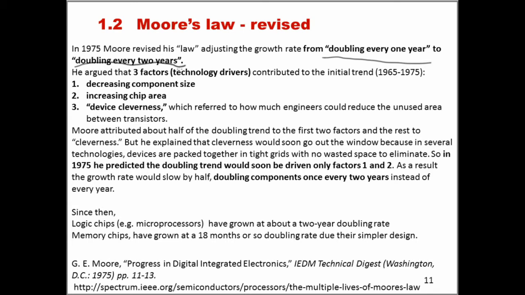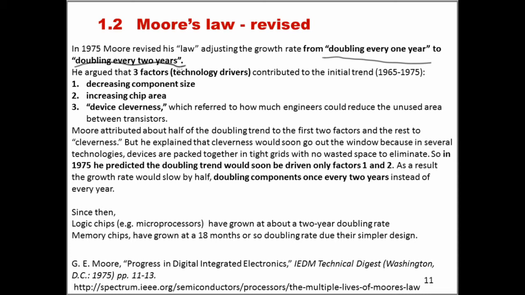And the reasoning from Moore is that there are mainly three factors that contributed to the scaling that they had observed. So the first one is decreasing component size, the second one is increasing chip area, and the third one is device cleverness. Device cleverness refers to how much the engineers could reduce the unused area between transistors.